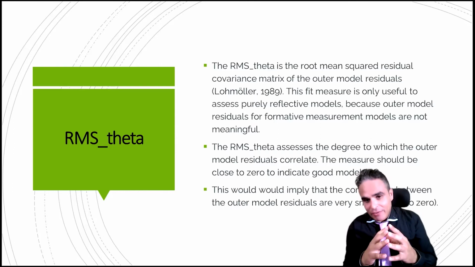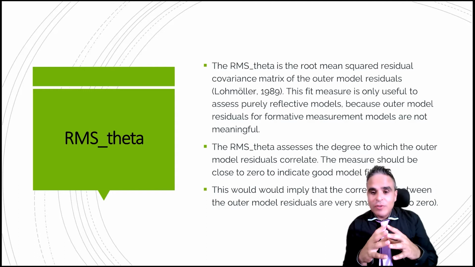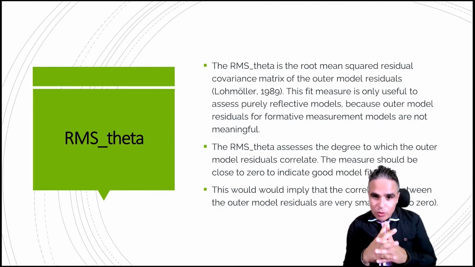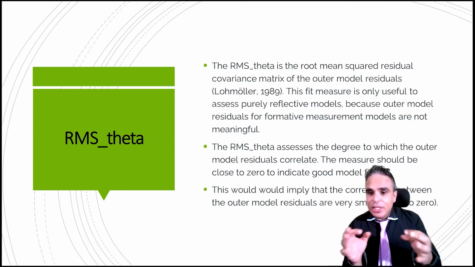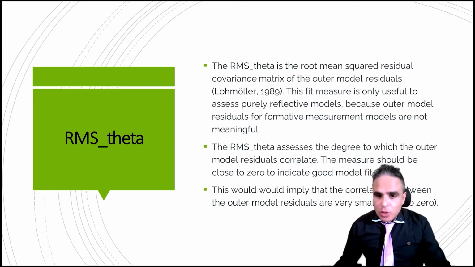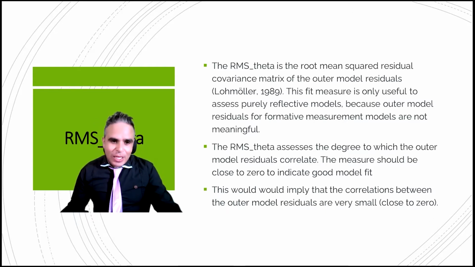You can refer back to our prior videos in this series to find out the difference between reflective and formative models, okay? So RMS theta assesses the degree to which the outer model residuals correlate. The measure should be close to 0 to indicate a good fit.